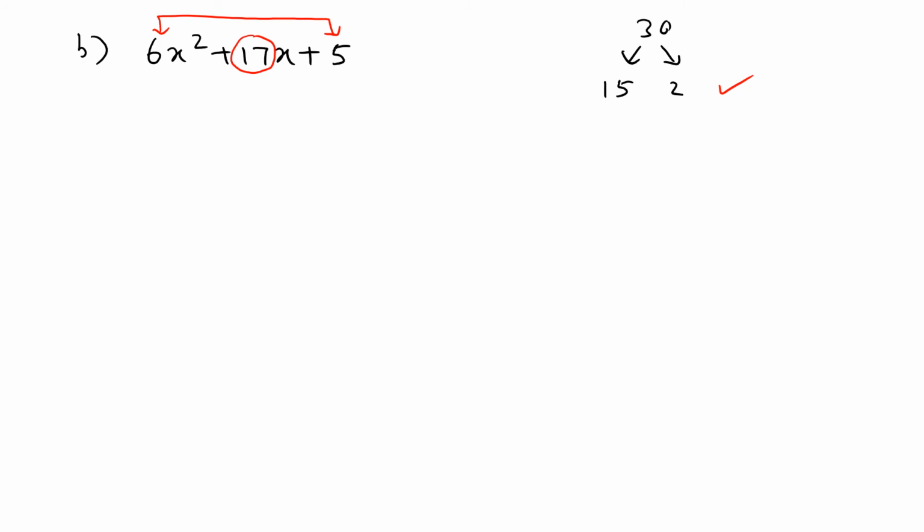Next, we think of two factors of 6 that are going to evenly divide these two numbers. Those two numbers are 3 and 2, because 3 divides 15, and 2 divides 2. So that means we have the right factorization, so we can write the answer now.